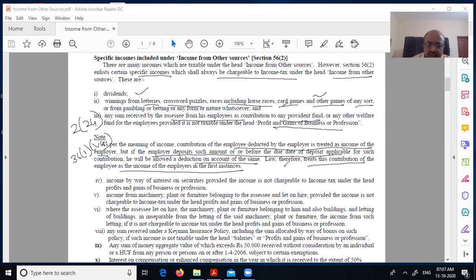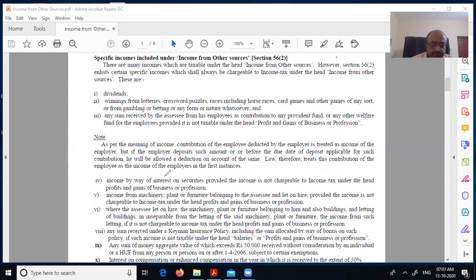So first the employee's contribution is taken as income, and then it is allowed as expenditure. There is no expenditure here, it's collecting and paying it. I think we have adequately discussed this when we did business.